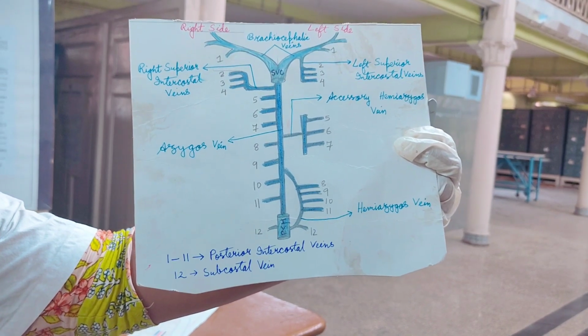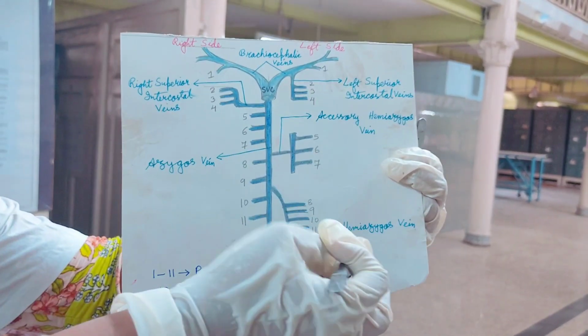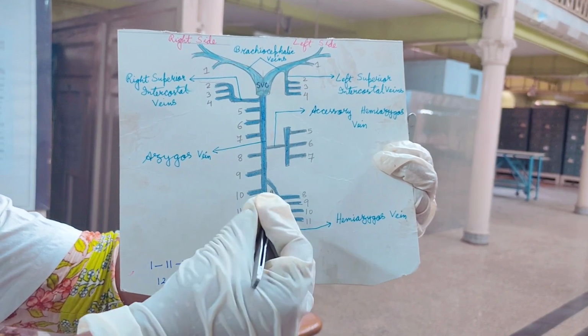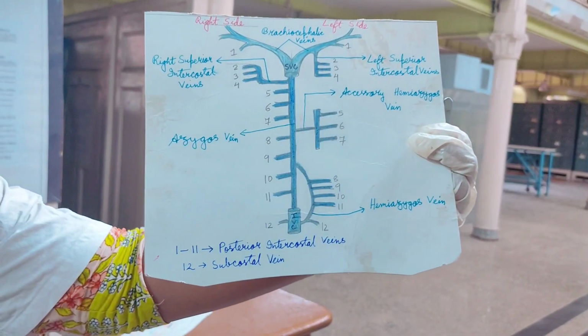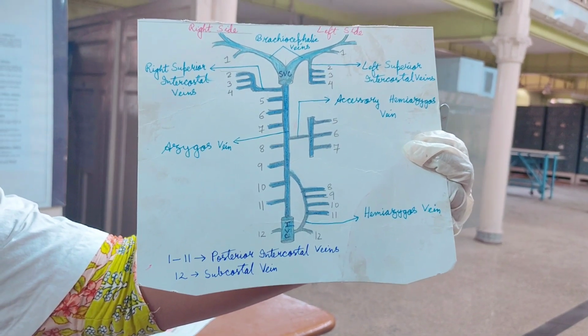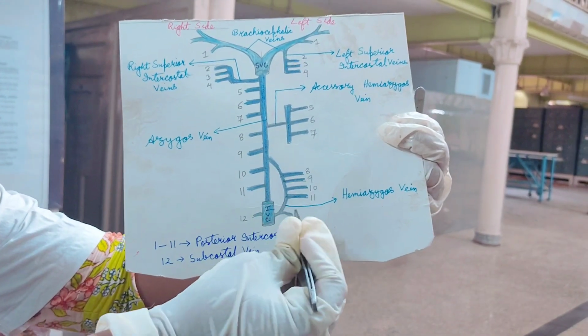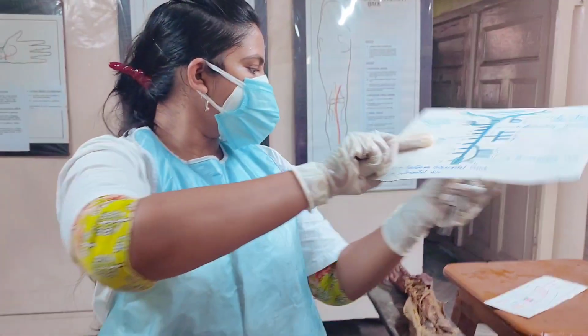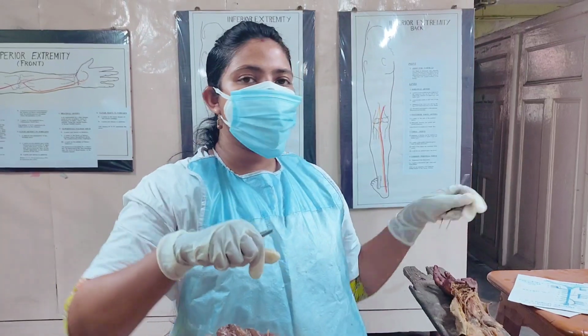Then 8, 9, 10, 11 on the left side drain into the hemiazygos vein, which drains into the azygos vein at the level of T8. What are these two? These are 12. One is the subcostal vein. So this was regarding the intercostal vessels.